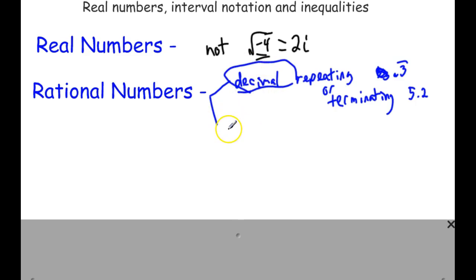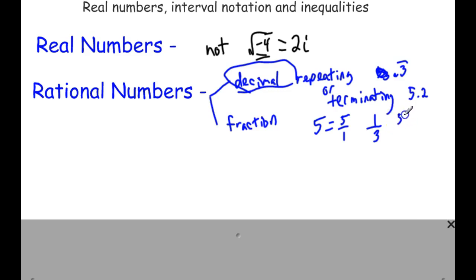Another way is to define it as a fraction. Really any fraction of integers forms a rational number. So like the number 5 is rational because 5 divided by 1 is a fraction of integers. 0.3 repeating is 1/3. That's a fraction of integers, so that's also rational. 5.2, we can figure out what that is.